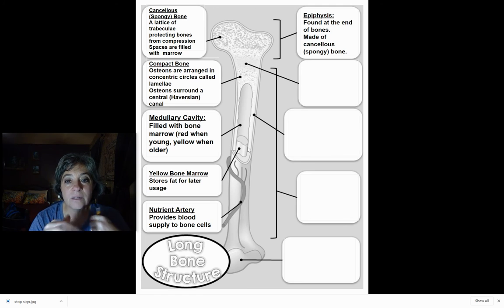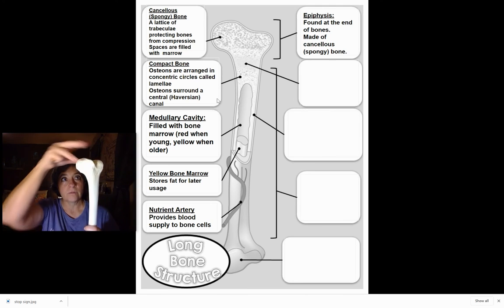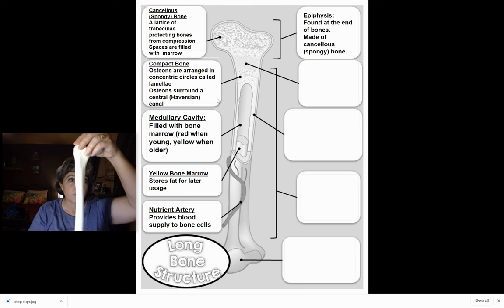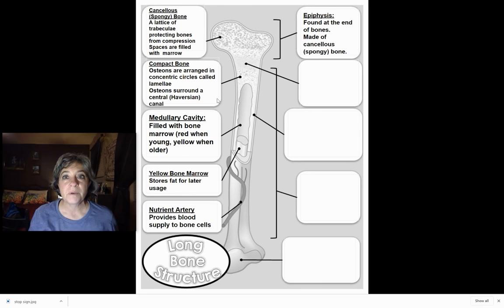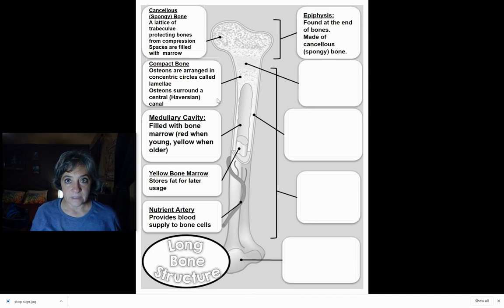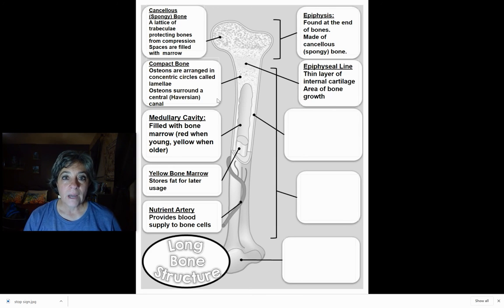On the right side, then, we see that whole top of the long bone, this one here, and both ends. That's called the epiphysis, found at the end of bones, made of cancellous or spongy bone. Right at the base or bottom of the epiphysis is the epiphyseal line, and that's where your bones grow.